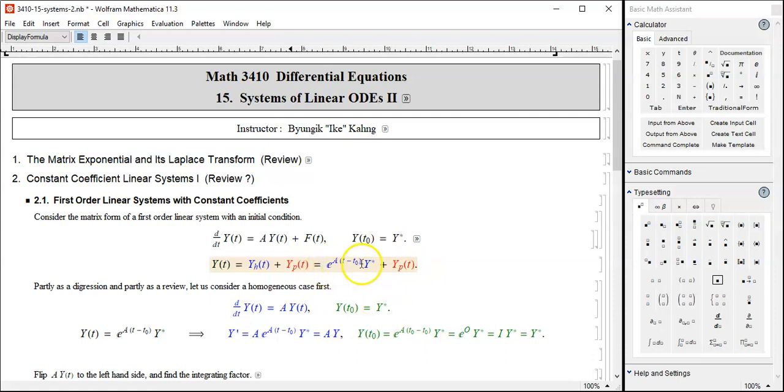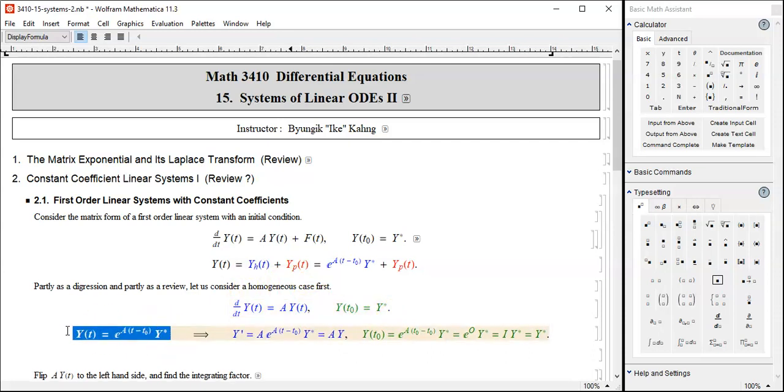And as for the blue part, this blue equation is a homogeneous equation, and this formula here is the solution of the homogeneous equation, which we recycled here. So far, so good. But the bigger problem is how do we get yp?